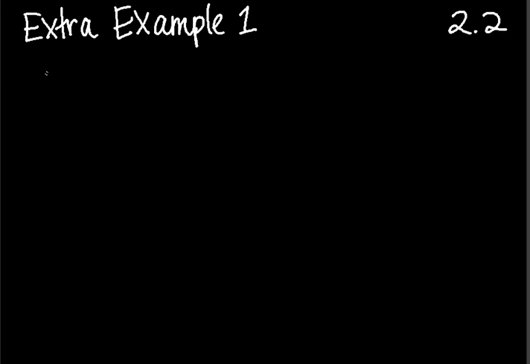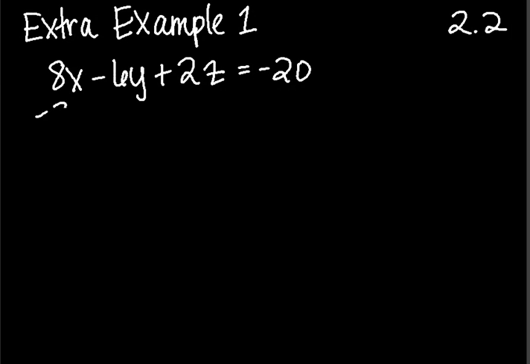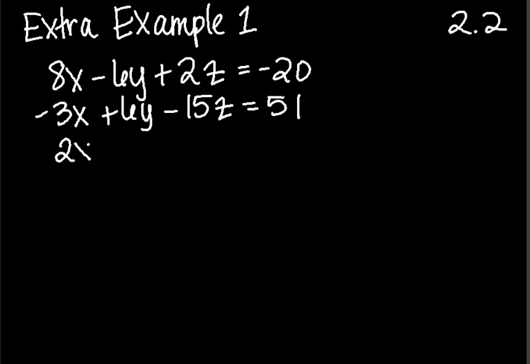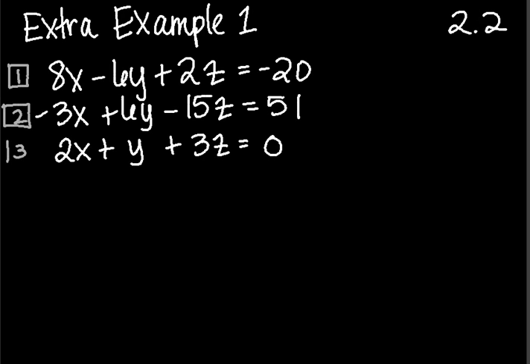We're going to solve the system by elimination, and the system is 8x minus 6y plus 2z equals negative 20, negative 3x plus 6y minus 15z equals 51, and 2x plus y plus 3z equals 0. I'm going to call this one equation 1, this one equation 2, and this one equation 3.